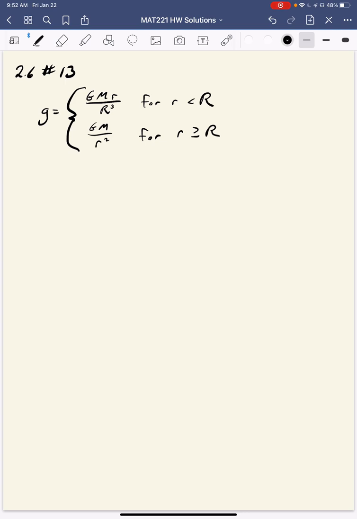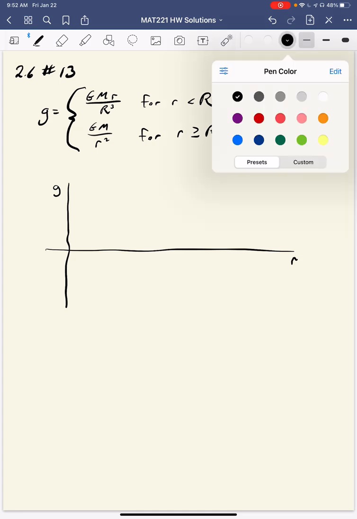So in other words, r is my independent value, lowercase r. G is my dependent variable, that's my output. All right, let's take a close look at this function here and see what we're working with.